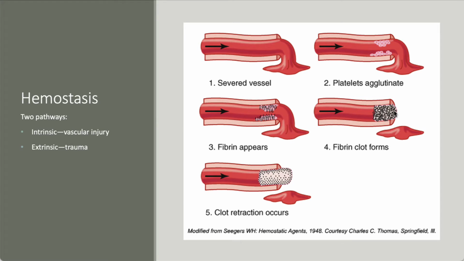Then, over a period of weeks, that clot retracts, and the body uses plasminogen to dissolve that clot. And then once that clot is fully dissolved, then blood flow gets restored to the downstream tissue.